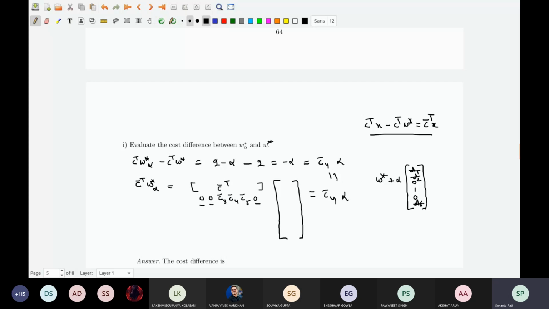Since C bar 4 was negative, the fourth entry was a minus 1, it follows that if W star alpha max, alpha max was 1 and C bar 4 was minus 1, it basically means the function at W star alpha max, which was the left endpoint, has decreased by 1 unit.